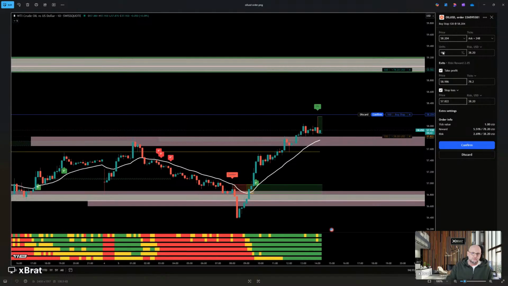With this amount of units, 100 units, it equated to around about 2.69% risk with a reward of 5.51. So the risk to reward is there. I was only risking $38 on a $1,400 account, whereas the futures account size is about $150,000. That means that I'm only risking 620.